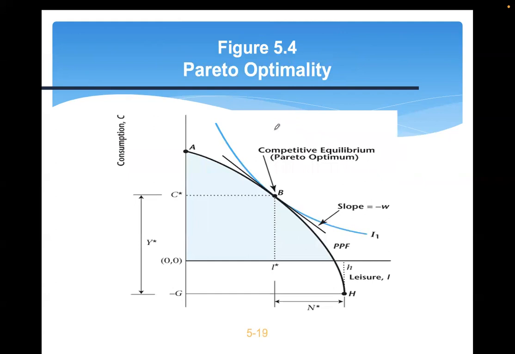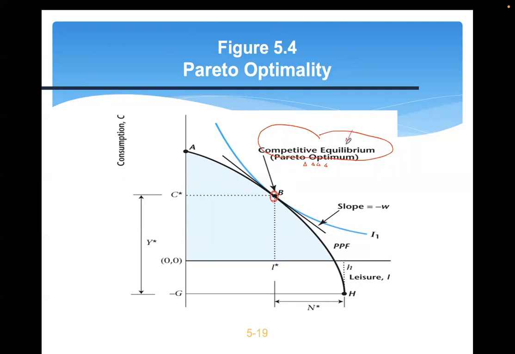Now let's see how we are going to say this is Pareto optimal. By the way, the competitive equilibrium we just defined, indeed, is Pareto optimal. If you look at the graph, you can see first this dot, this middle point.